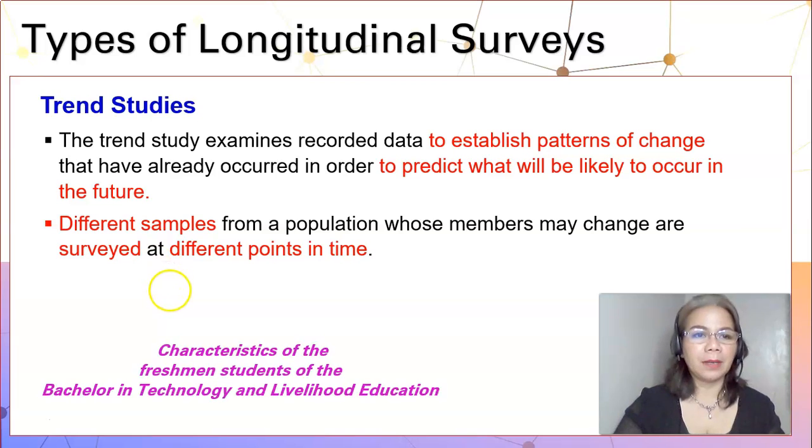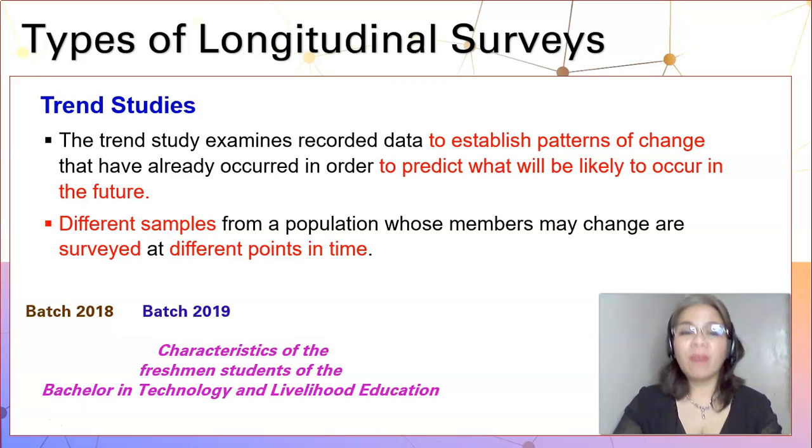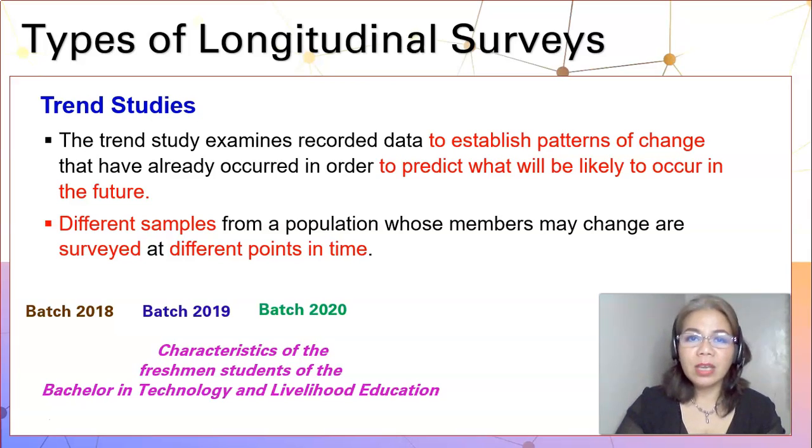For example, you are interested to determine the characteristics of the freshman students of the Bachelor in Technology and Livelihood Education. So you will observe the batch of 2018, and the following year you will also observe the freshman students in batch 2019, and in the following year you will also observe the freshman students of batch 2020 and the freshman students of batch 2021.